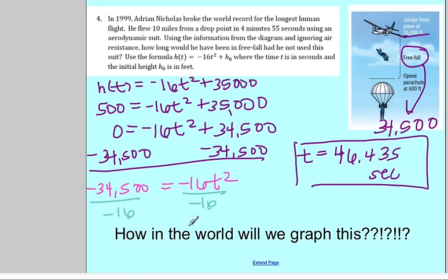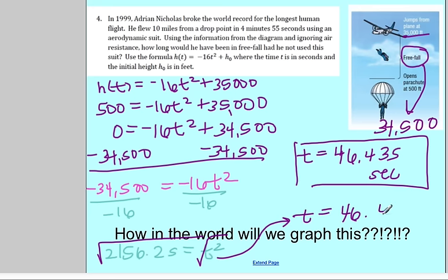What that gives you is positive 2,156.25 is equal to t squared. And now if I want to get t by itself, I would take the square root on both sides. And you would get t is equal to 46.435 seconds. Either way is perfectly fine, so those are both options. You can either do it on your calculator or algebraically.